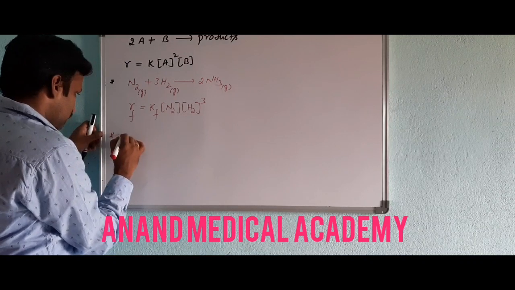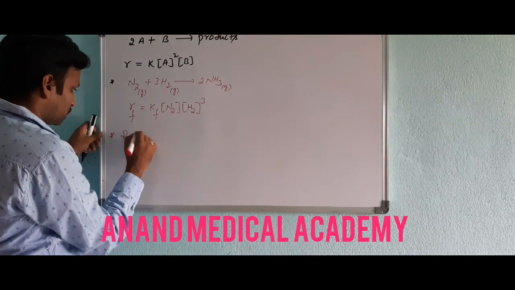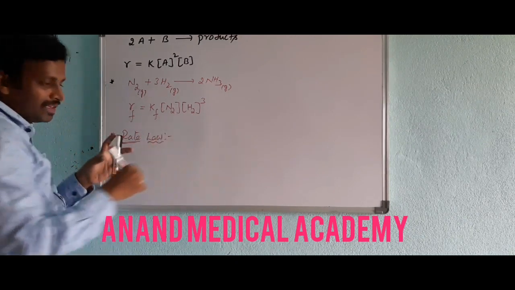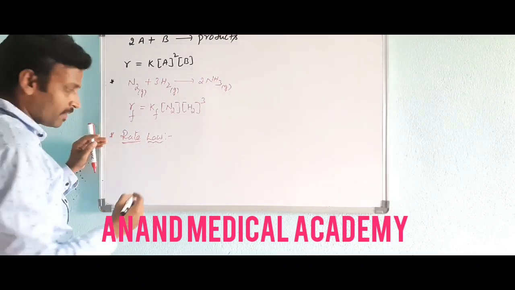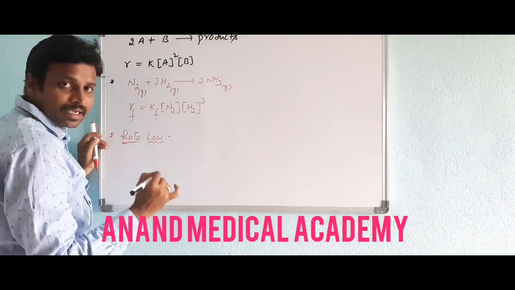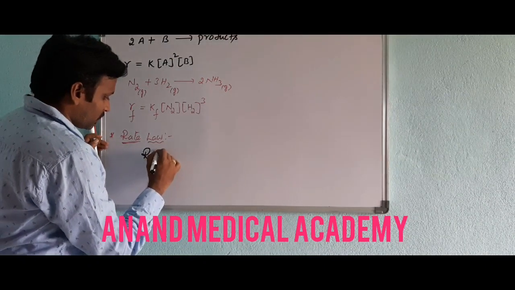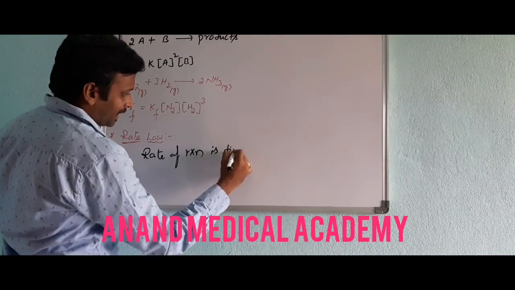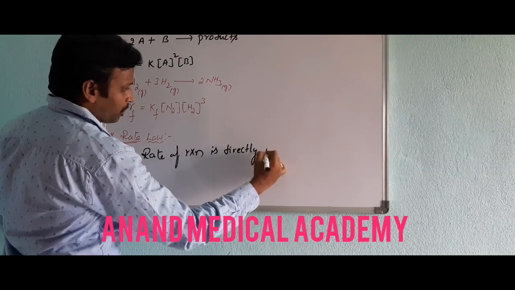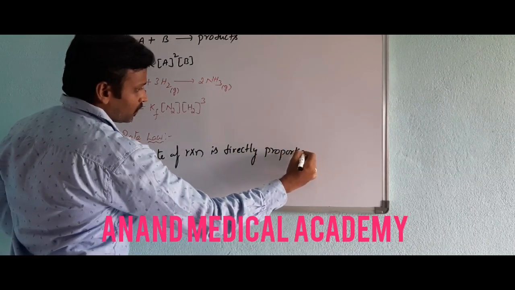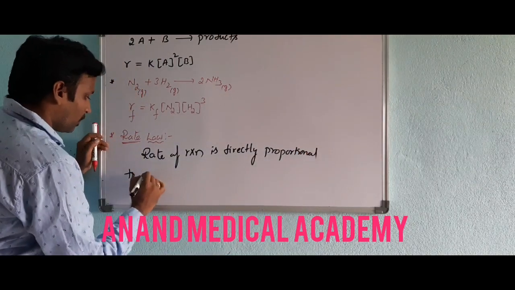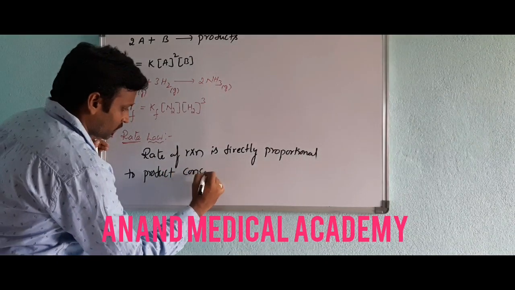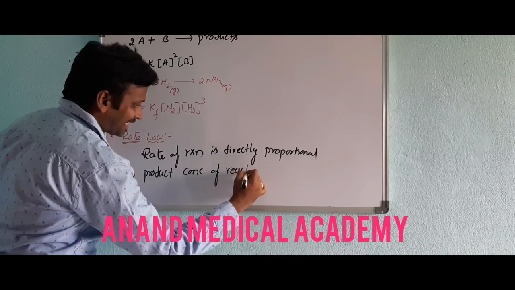So what is the rate law? More clearly, I will define it so that you can understand. At a particular instant, the rate of reaction is directly proportional to the product of concentrations of reactants.